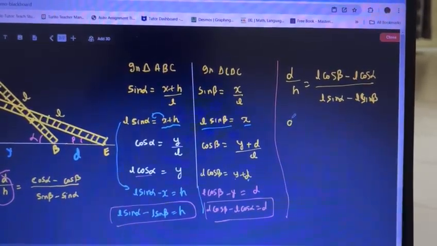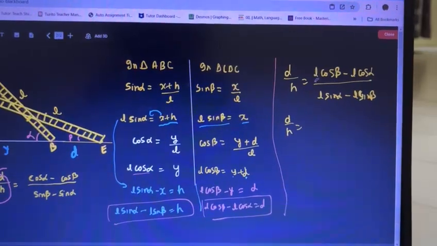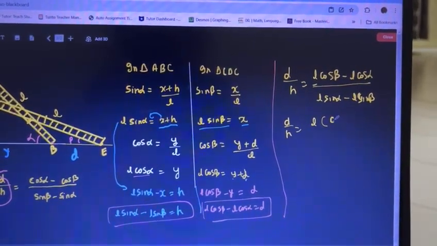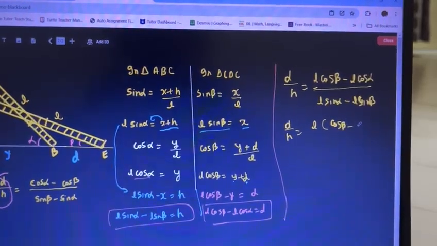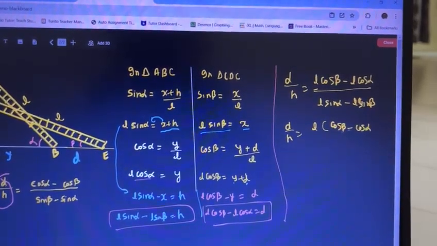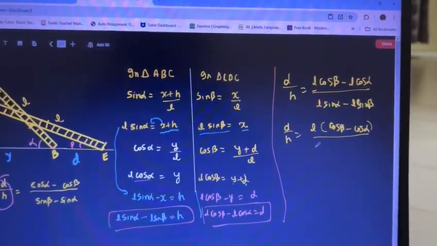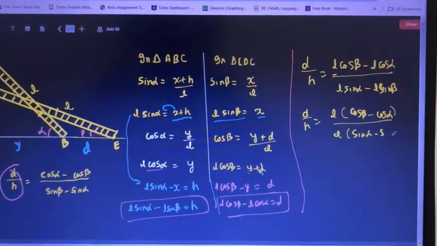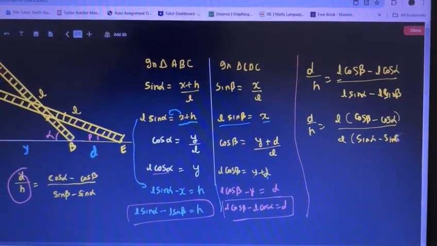Now D over H will be, see L is common in all of them, so common out L. Inside will be cos beta minus cos alpha, divided by L times sin alpha minus sin beta.